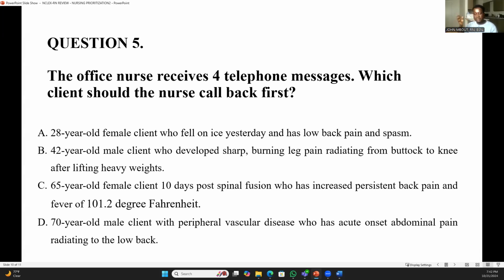The pain in the back is a muscular condition, right? Musculoskeletal condition. It's not life-threatening, right? B, it could be some irritation of the sciatic nerve. You have to evaluate. But there is a patient who is having a life-threatening condition.